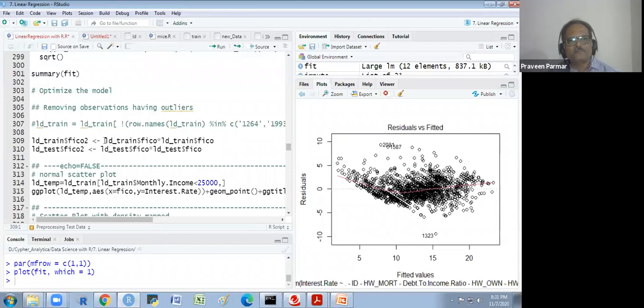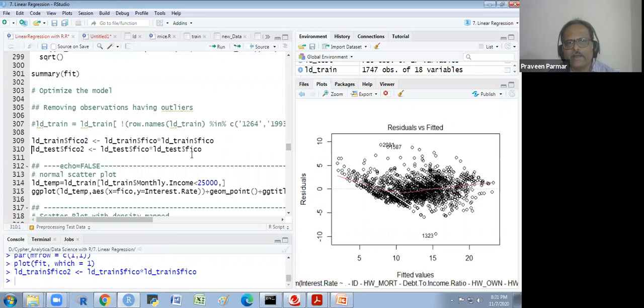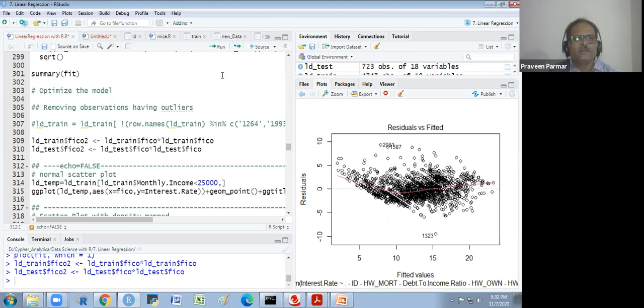So what I am doing, I am making a new column FICO2 in the training data set. Got it? And how do I get FICO2? FICO into FICO, that is the square of that, correct? And I run it. Similarly, I add this column in the test also. Got it? And I run it. Now what will I do?